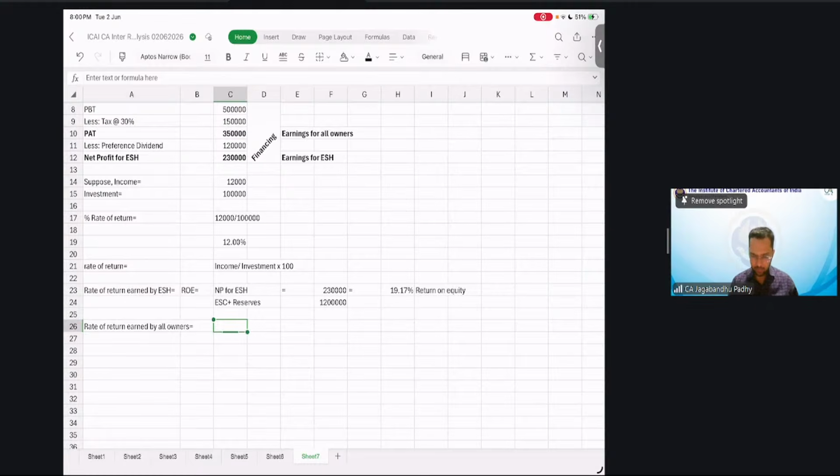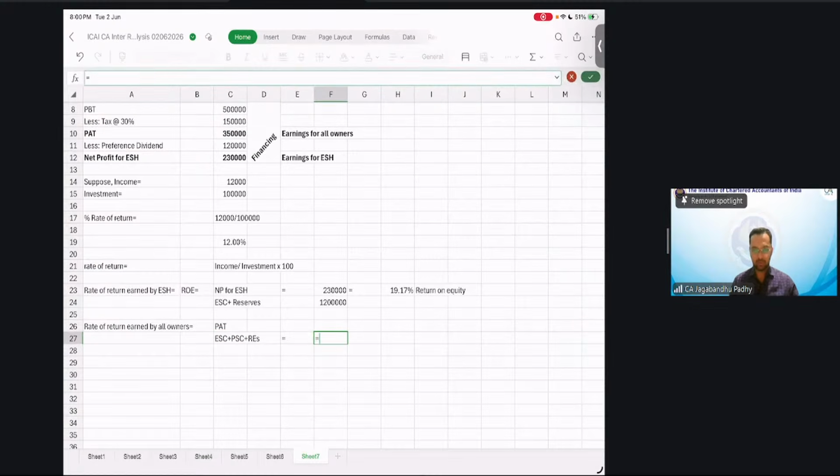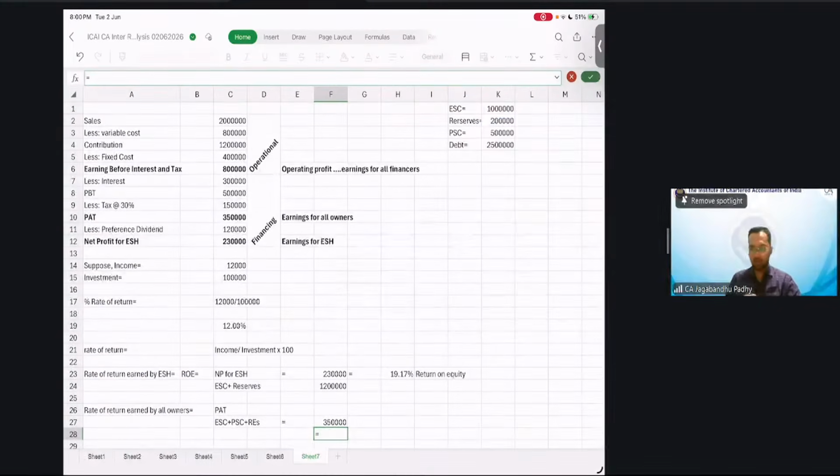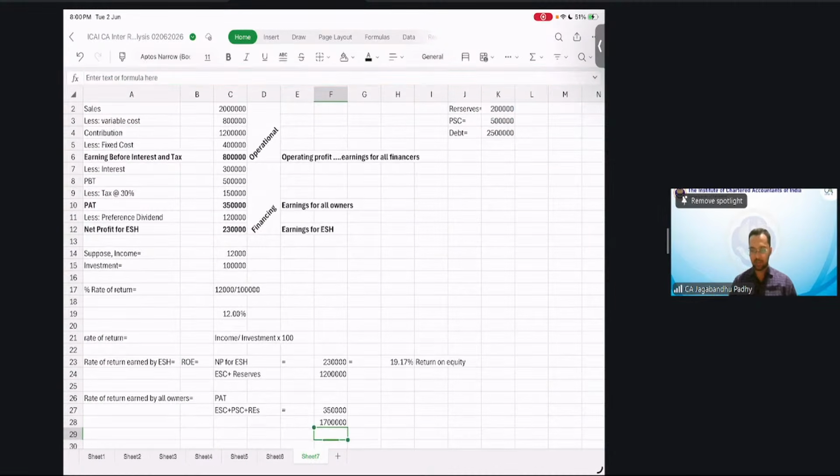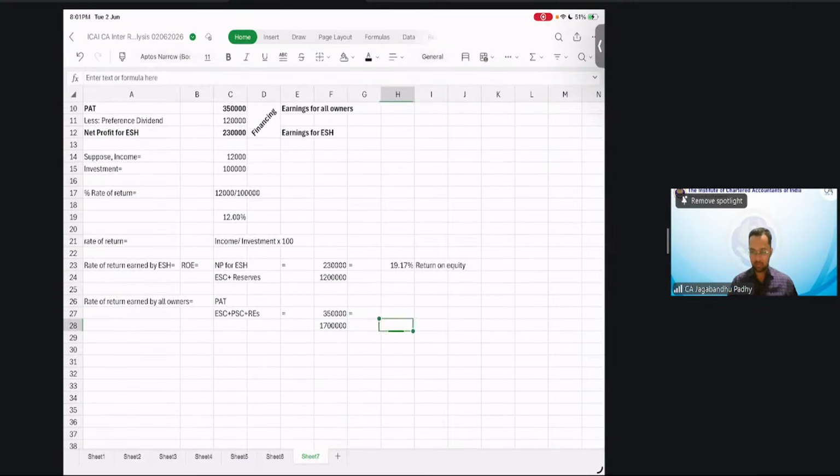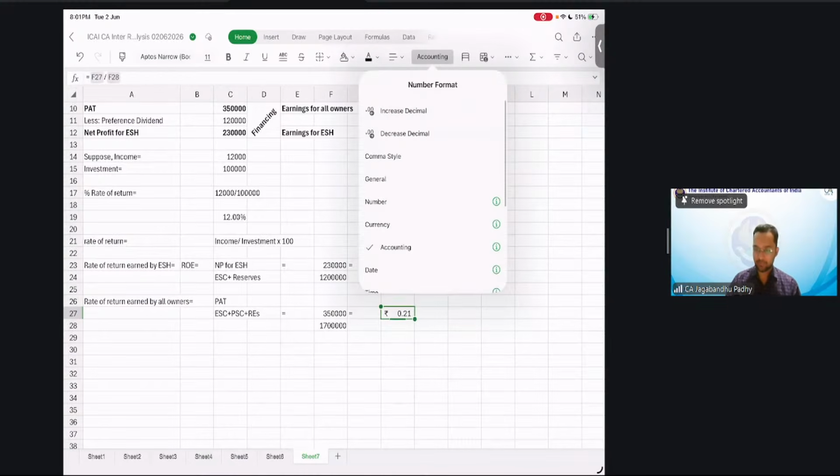It will be profit after tax divided by equity share capital plus preference share capital plus reserves. So 3,50,000 divided by 17 lakh.